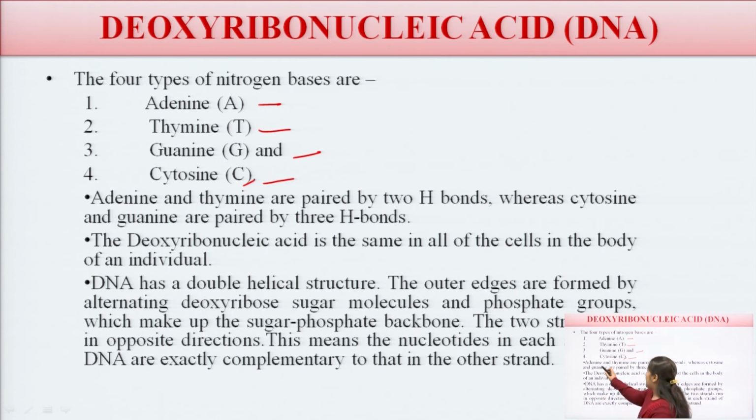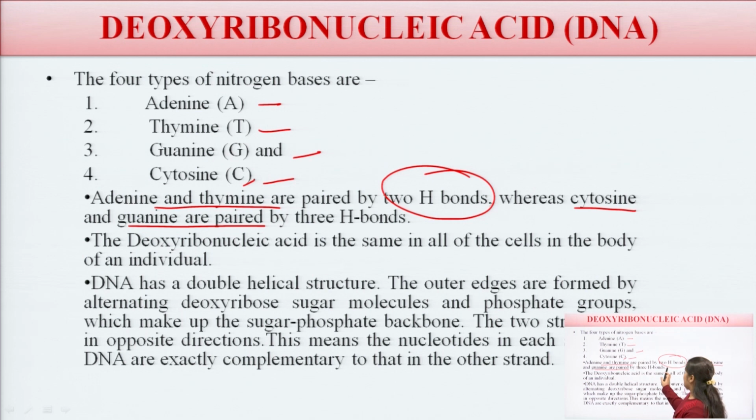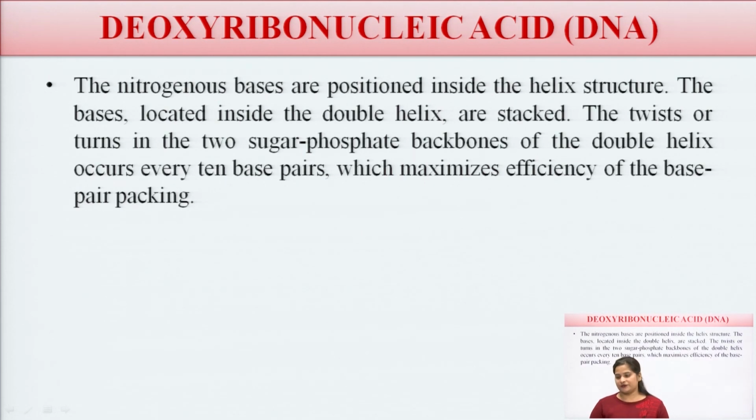So, adenine and thymine have 2 hydrogen bonds, and guanine and cytosine have 3 hydrogen bonds. The DNA is the same in all the cell bodies of the individual. The DNA is a double helical structure. The outer edge is made up of sugar and phosphates.